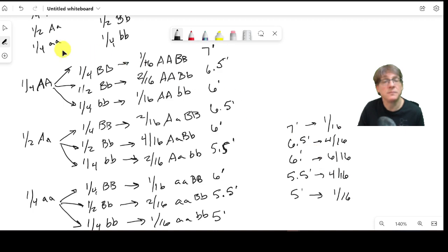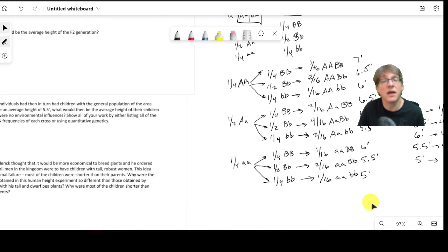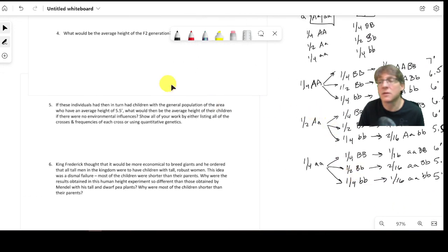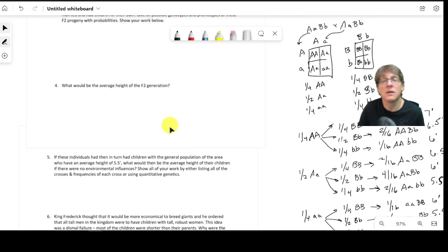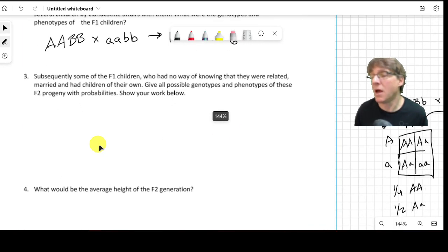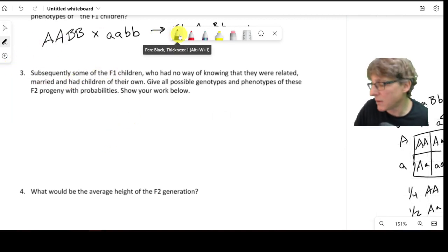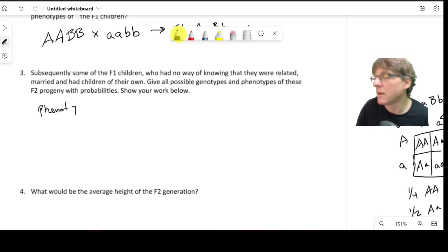Now, so that is how we would go about answering this next question here. In terms of phenotype, what we would have is 7 feet at 1/16.